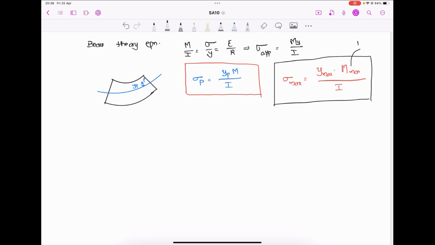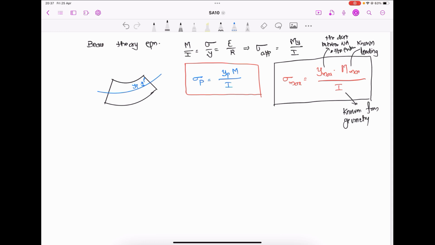M maximum known from loading, I known from given geometry, Y maximum the distance between neutral axis and the extreme fiber.